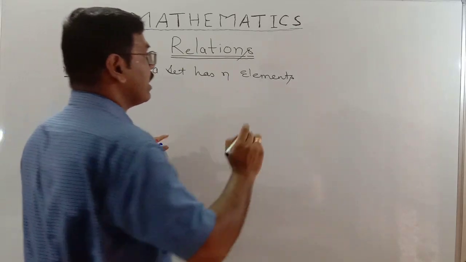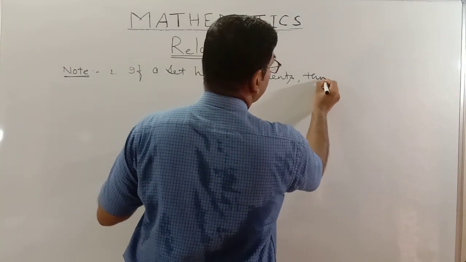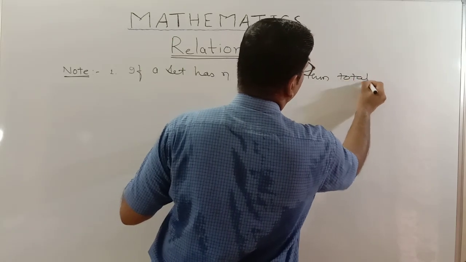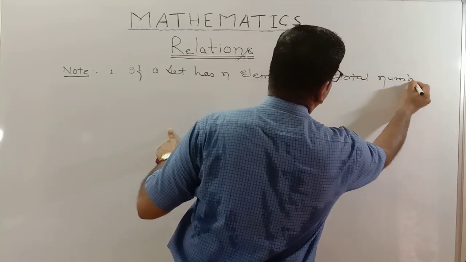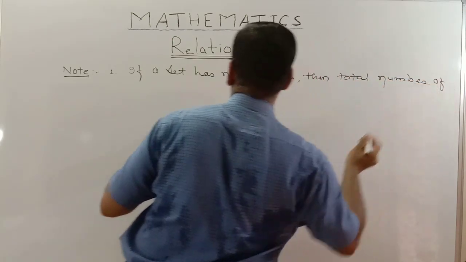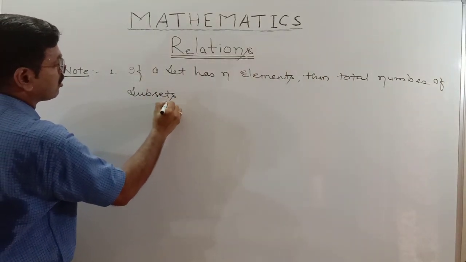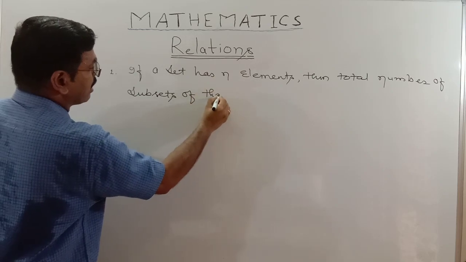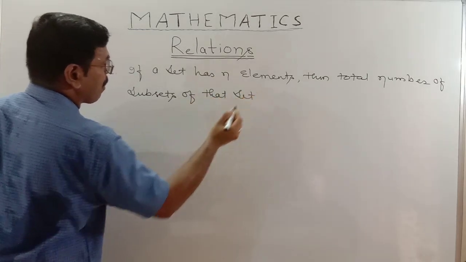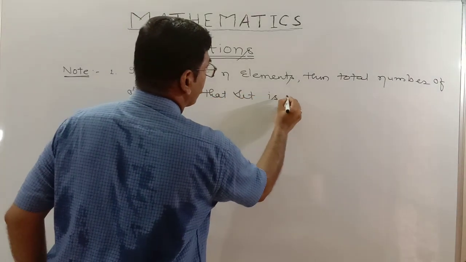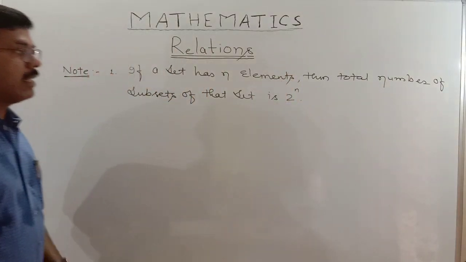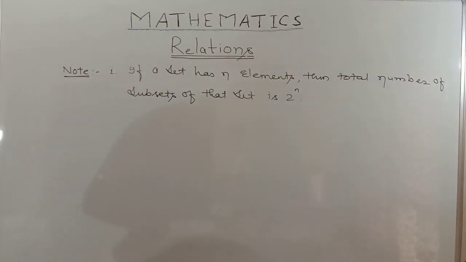If a set has n elements, then the total number of subsets of that set is 2 to the power n. That many subsets will be there.